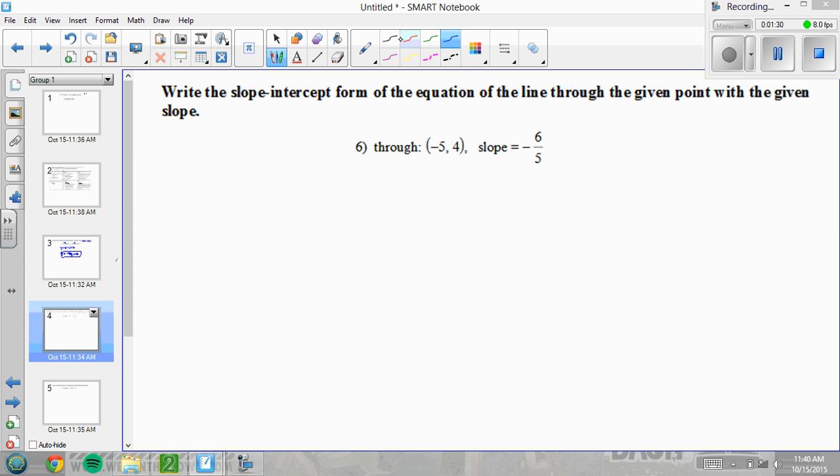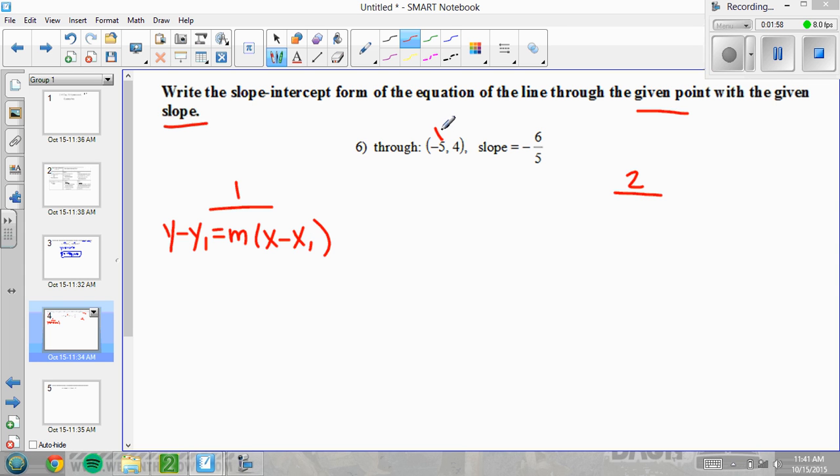Our next one, they give us a point and a slope. This is where we can either do option 1 using point-slope form or option 2 using slope-intercept. I'm going to do both, but remember you only have to choose whichever method you liked better yesterday. The first one is point-slope: y minus y1 equals m times x minus x1.